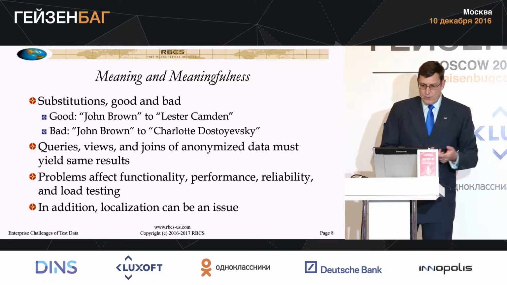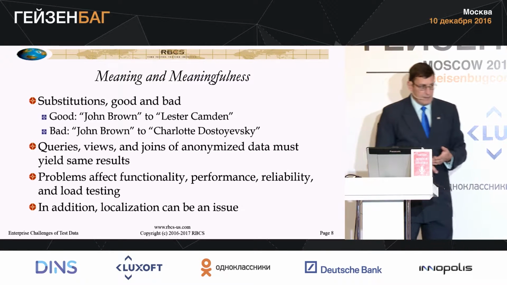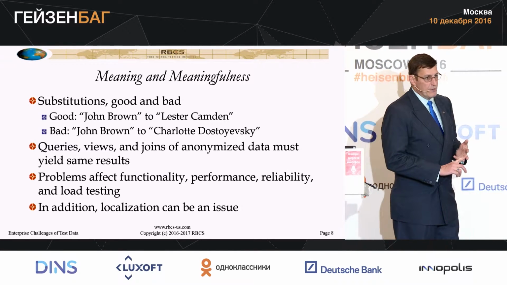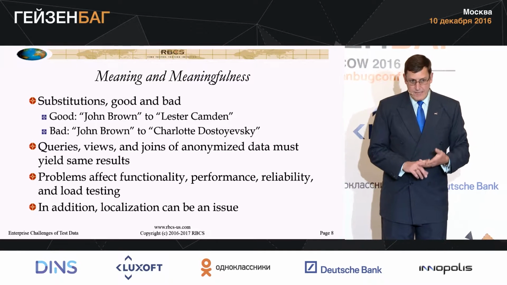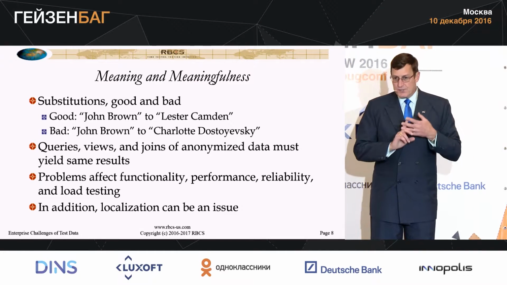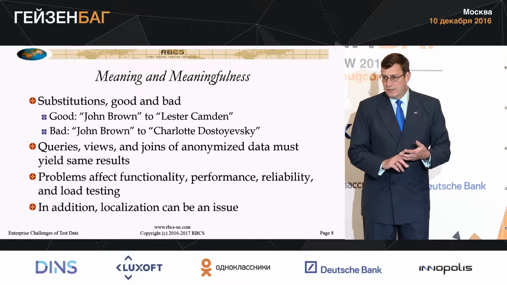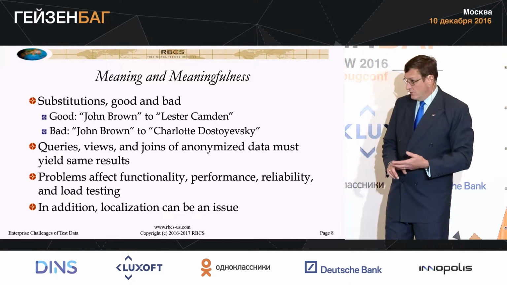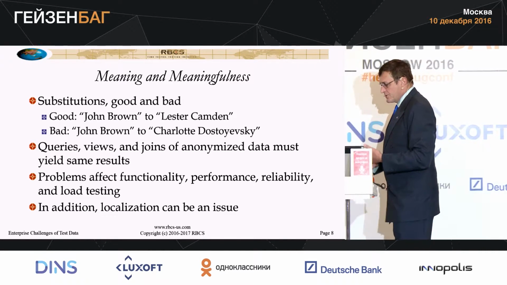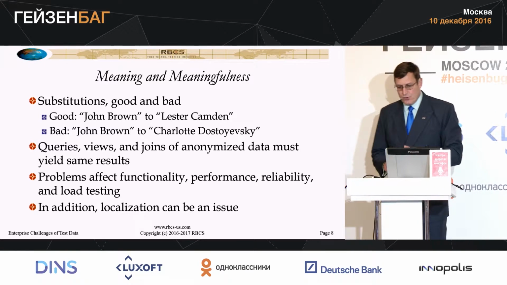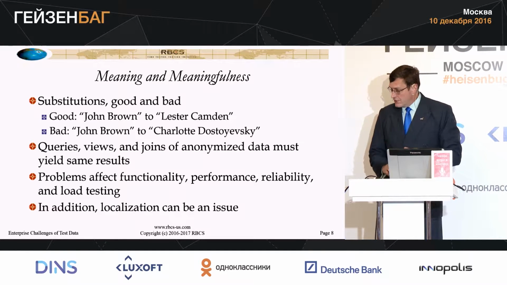So if you do any sort of query or view or join across multiple tables in anonymized data, you need to get the same information as you would using those same queries, views, and joins on production data.